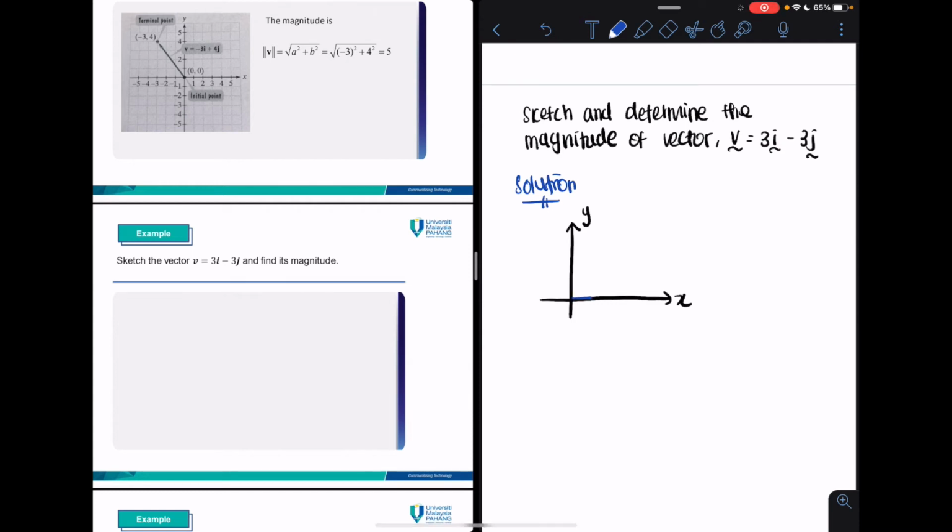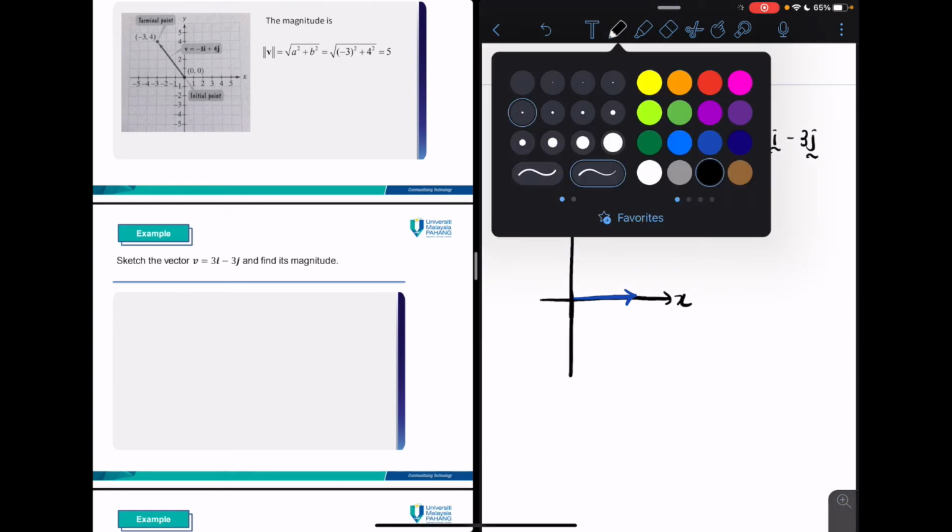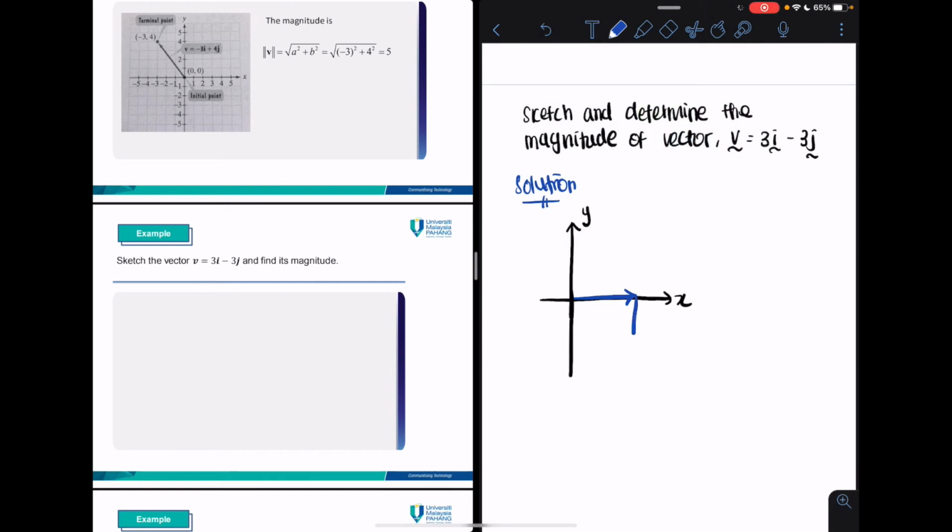Let's assume this is equal to 3i, and then it will move 3 units down, which is negative 3j. Am I right? So let me do something about this y-axis, and then you have to move 3 units down. Therefore, this is your vector 3i minus 3j. And then what should we do right after this? The question also asks us to determine the magnitude of the vector.